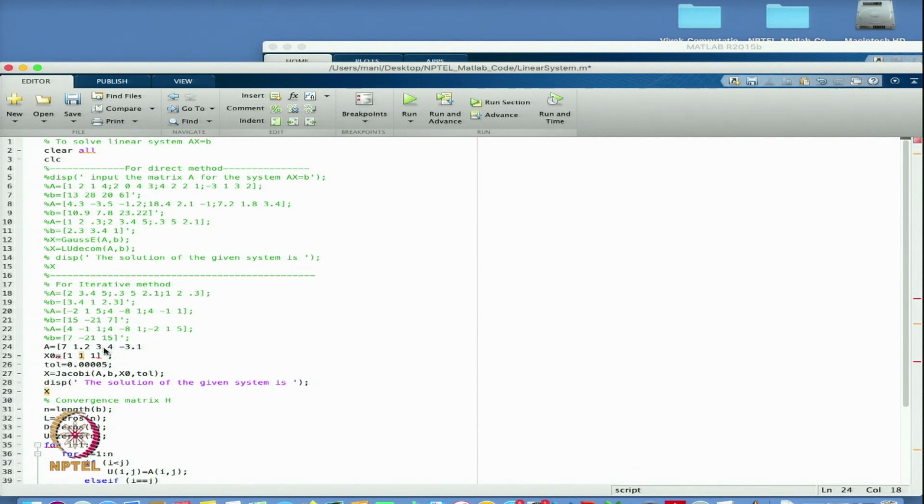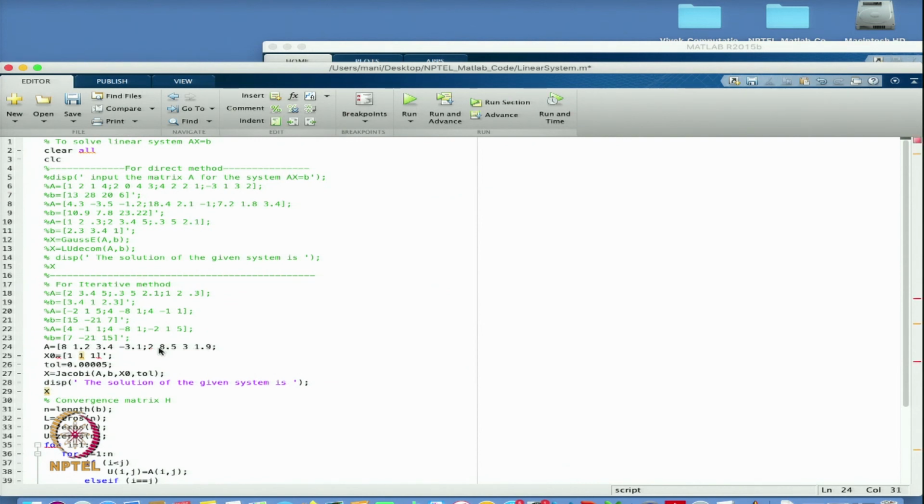So this is the first row I am taking. The second row I will take as 2, 8.5, 3, 1.9. So this is the second row.